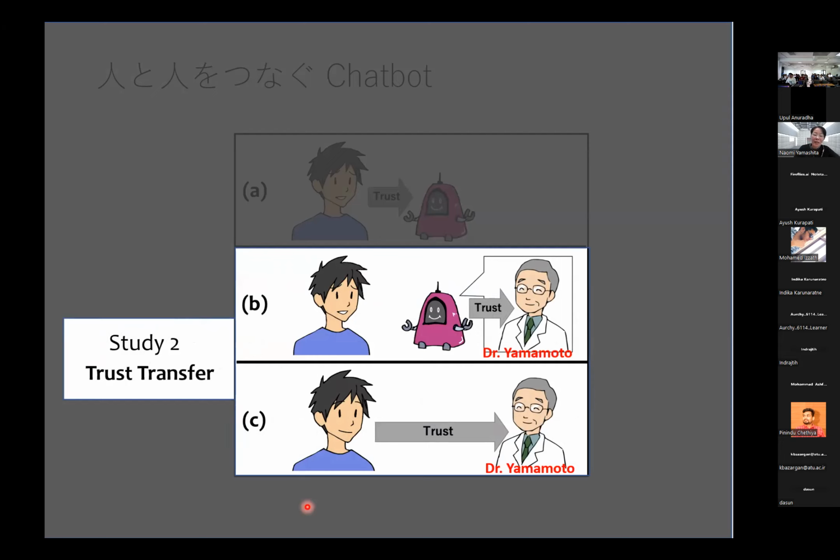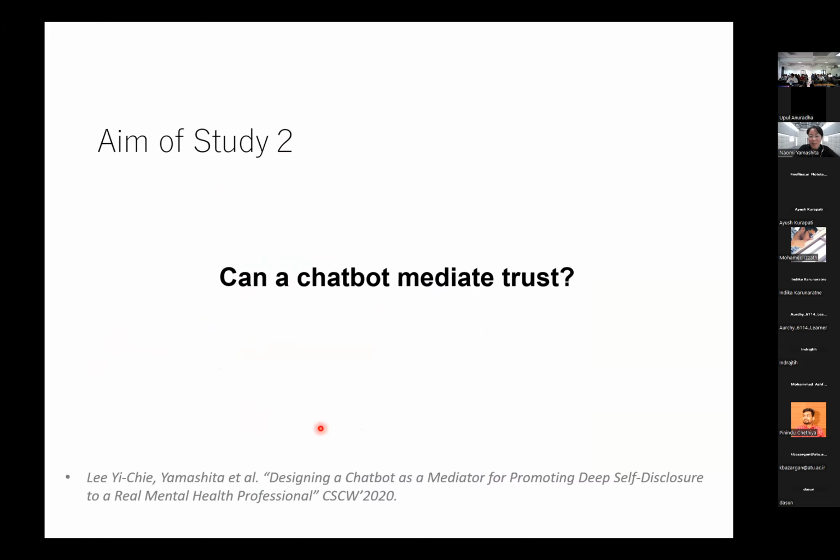Now, the second study, to me, was more interesting than the first study. The second study was actually an extension of the first study, so we built on the first study. The aim of the second study was to explore whether a chatbot can mediate trust, or how to design a chatbot that can mediate trust.